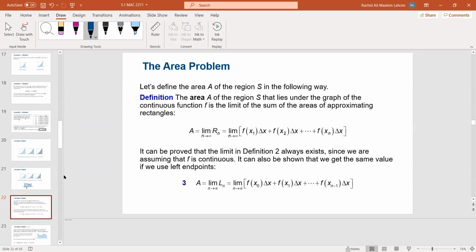And this is the same thing, the width times f of x_i, remember the height of the rectangle, and the width. So we multiply these two and we add them up and we take that limit. And of course the function has to be continuous, and if it's continuous, the limit exists.